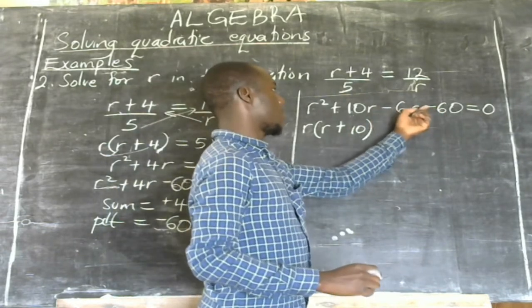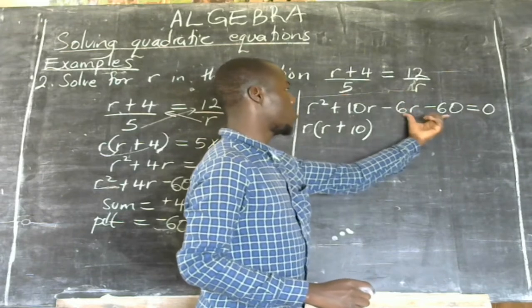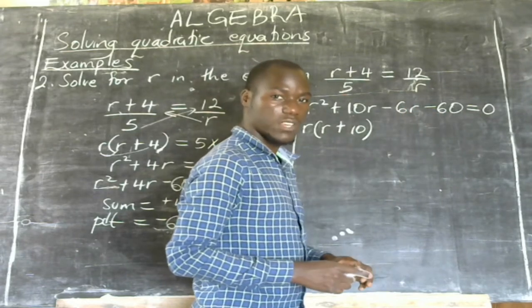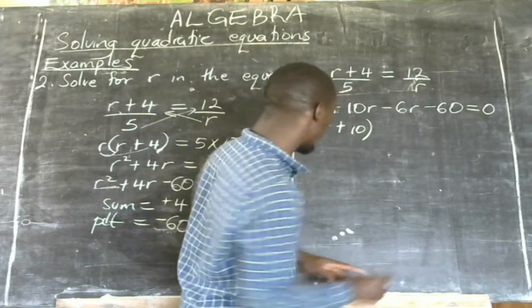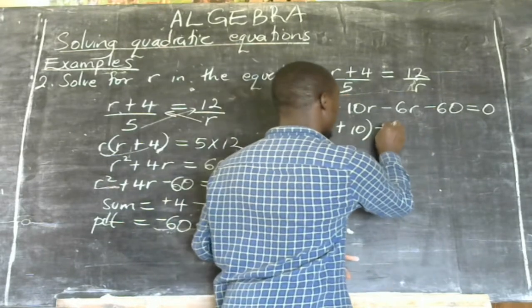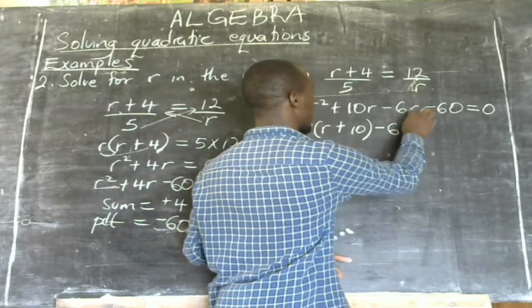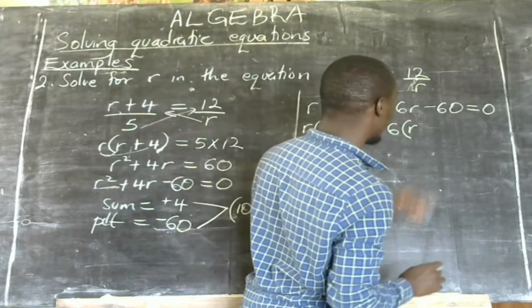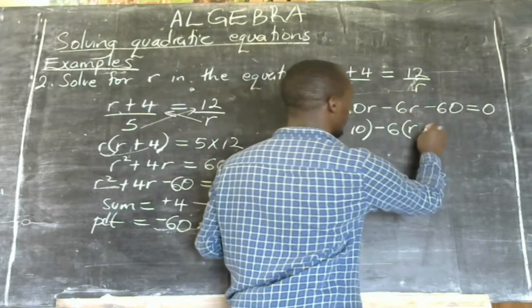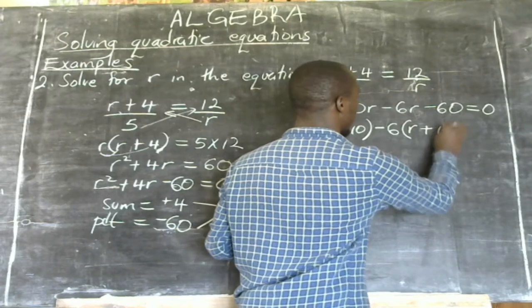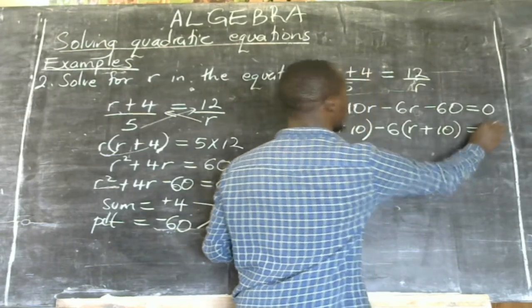Negative is common in those two terms there, as well as the 6 is also common. So I'm going to factorize out negative 6 such that this should remain with r, then that term remains with a positive 10 there to be equal to 0.